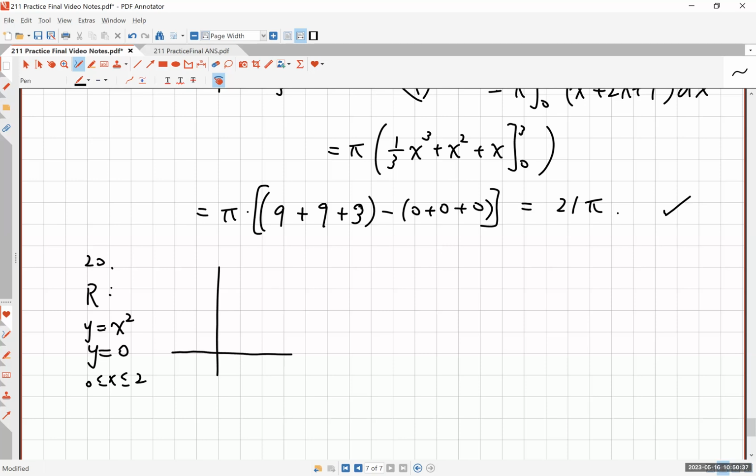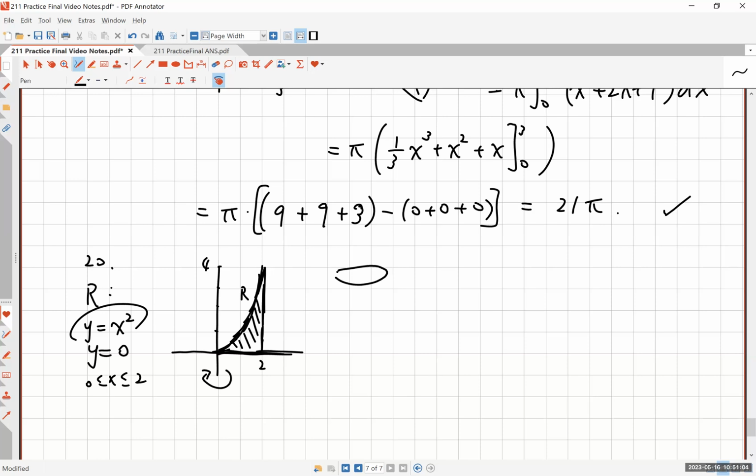Right? Y is equal to x squared. Let's go from 0 to 2. So y will go from 0 to 4. And you know the parabola x squared looks like this, right? So that's this. Y is equal to 0. That's this line, the x-axis, and x between 0 and 2. So that's the region that you are to rotate about the y-axis.